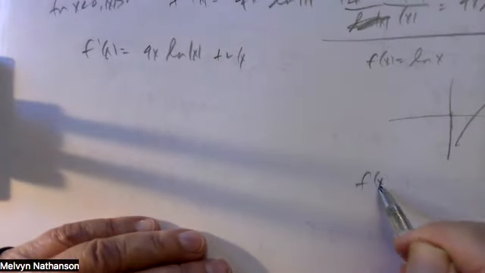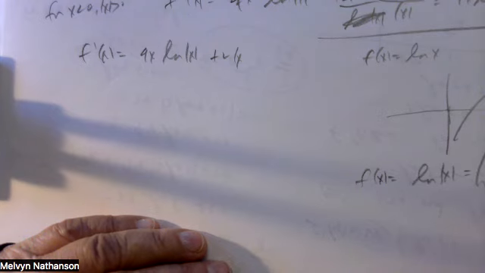Let me just sort of explain something. If you have the function f of x equals the log of x, this is only defined for x positive. And the graph looks like that. If you take the function f of x equals the log of the absolute value of x, this is equal to the log of x for x positive, the log of minus x for x negative.